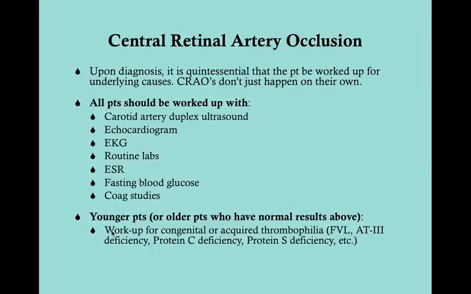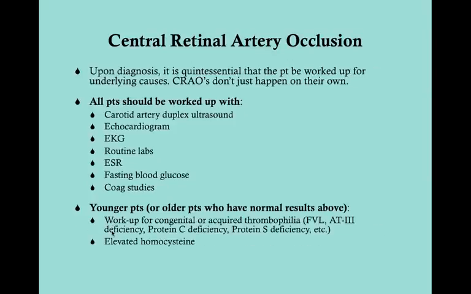So factor V Leiden, antithrombin 3 deficiency, protein C deficiency, protein S deficiency, and so forth. Oh, and then elevated homocysteine. That was another one I wanted to add too. And that's another congenital thing.